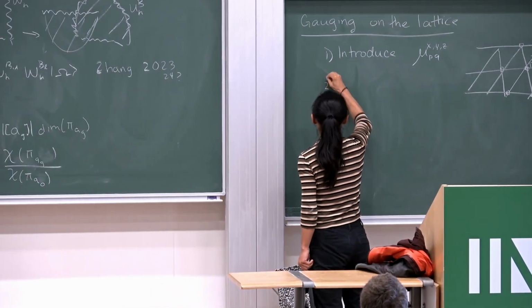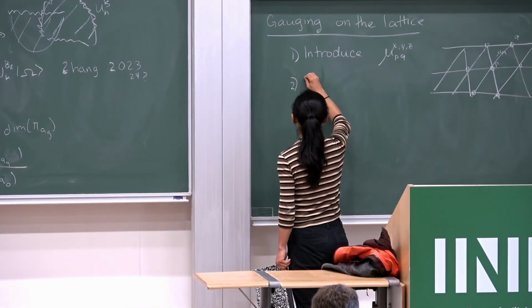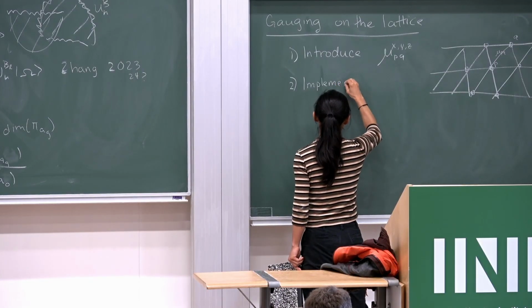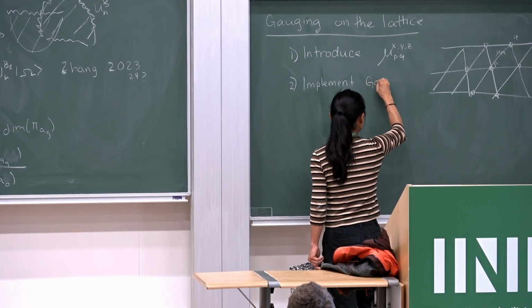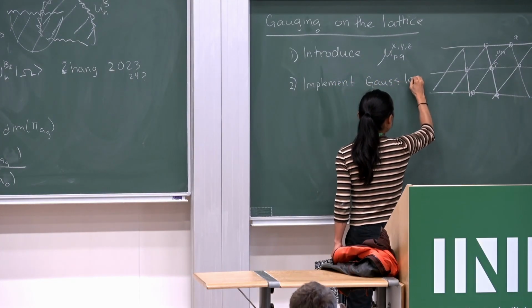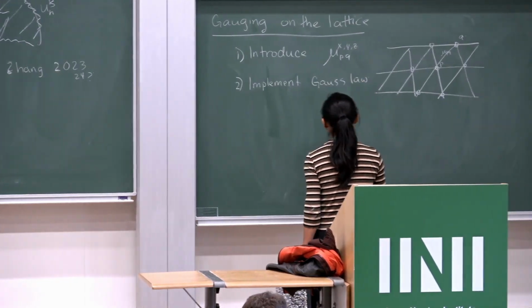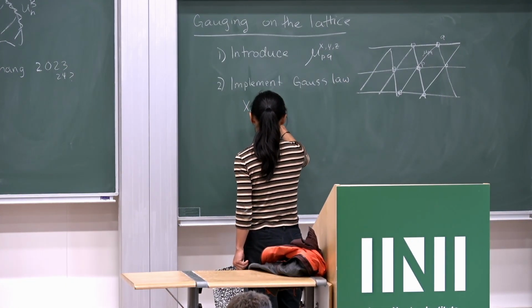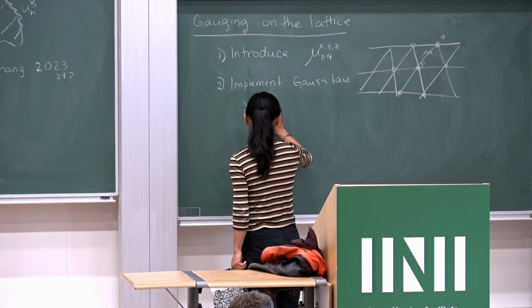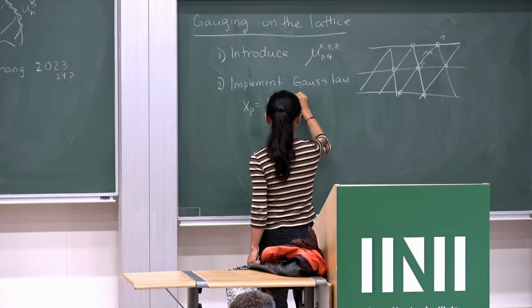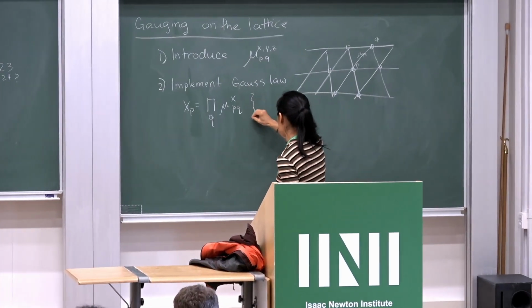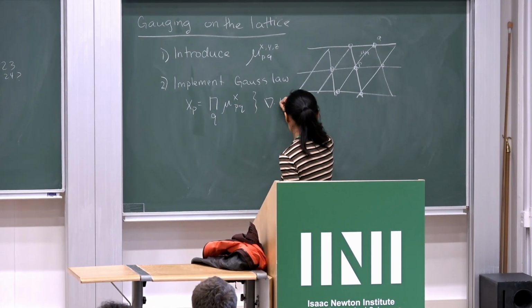The second step is to implement Gauss law. So the Z2 Gauss law that we'll have is XP is equal to product over Q. So this is like a Z2 analog of the usual Gauss law.